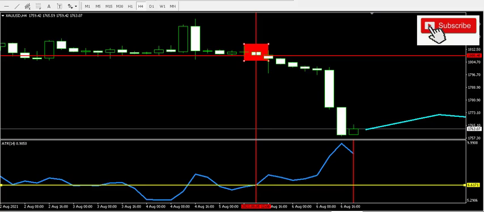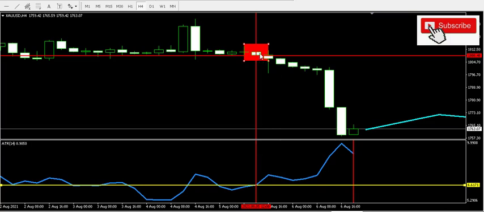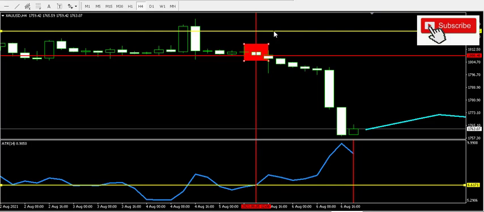So we are going to add that ATR value, 6.6464, to the high price, the high value of the price. And that gives you 1821.31. So you can always place your stop loss above this bearish candle, around 1821.